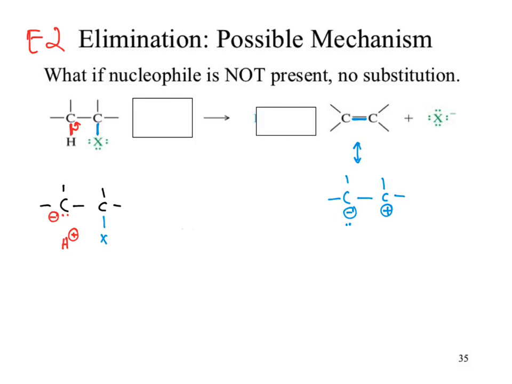I just broke the carbon to hydrogen bond. I have done nothing about breaking the leaving group bond. Okay? So if this is going to be more appropriate, I need to show that happening at the exact same time. Okay? So, how do I fix it?